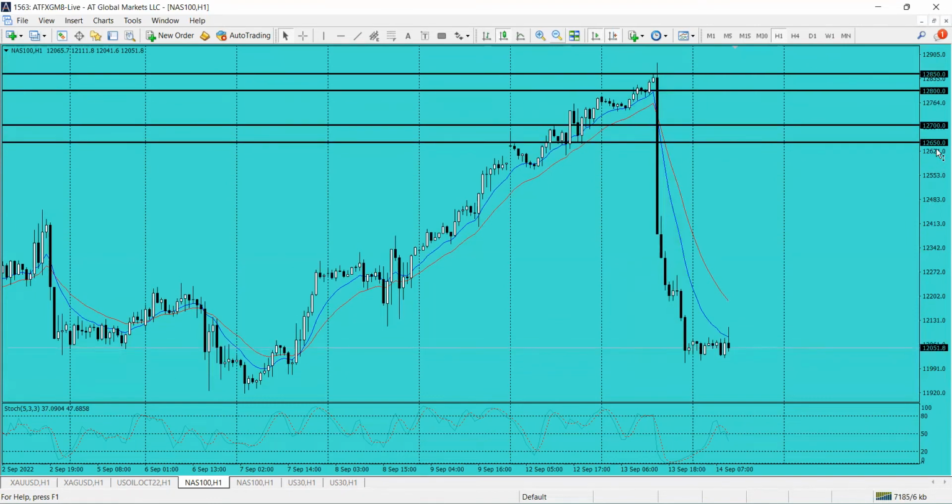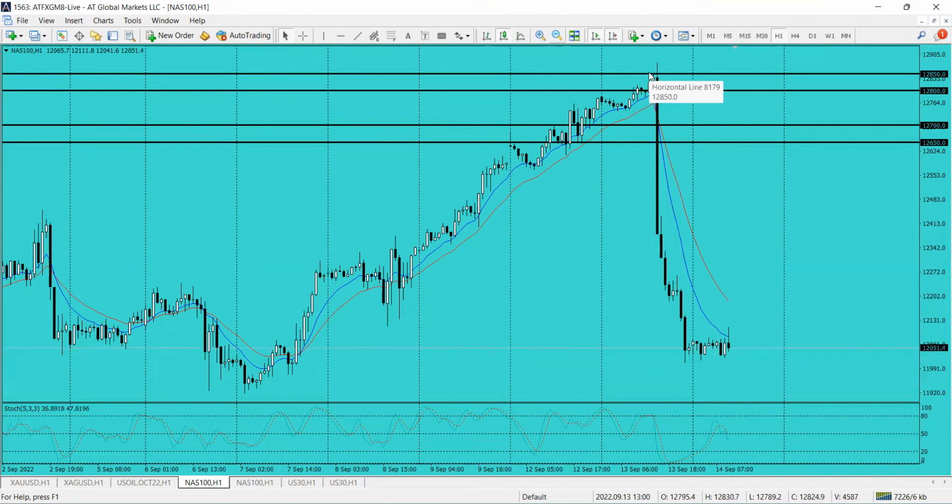During the early sessions, the NAS100 actually traded beyond 12,800, and it goes up and hits our area of target here on the upside for about 12,850.